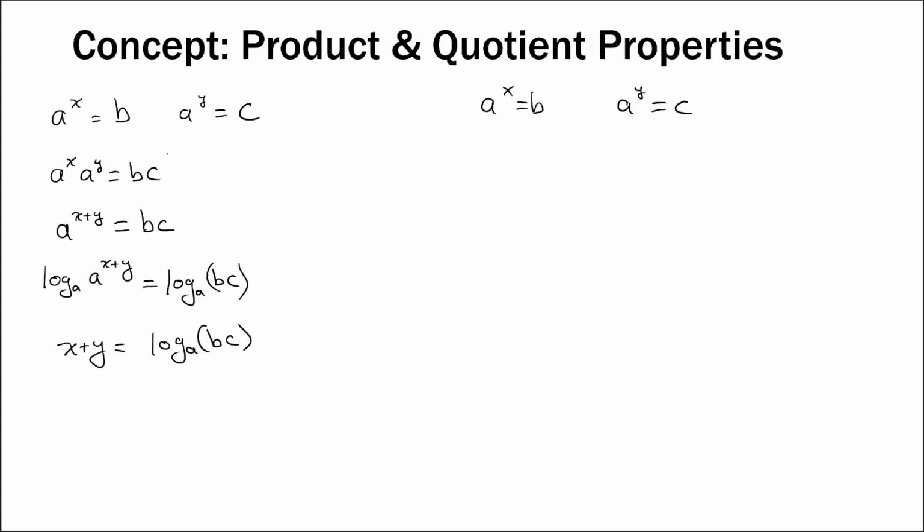Now we need to go back up here and think about what this means in terms of logarithms. If I take a look at this exponential equation in terms of a logarithm, remember my base stays the same, so log base a, and then my exponent comes to the other side of my equal sign, and whatever our final result is goes inside our log.